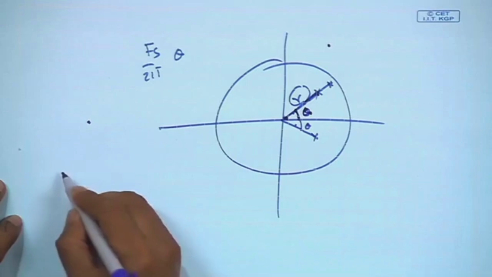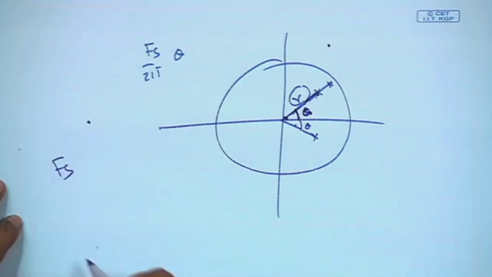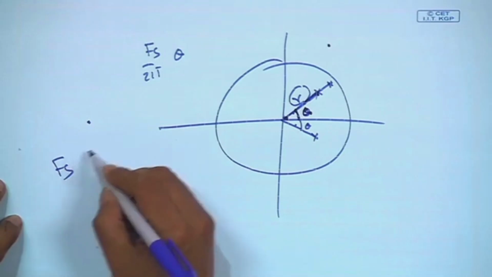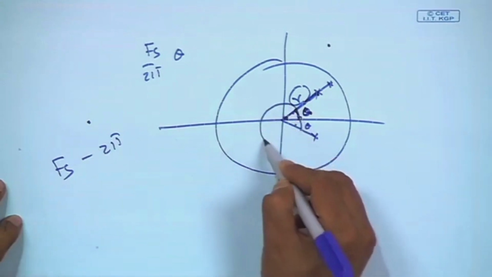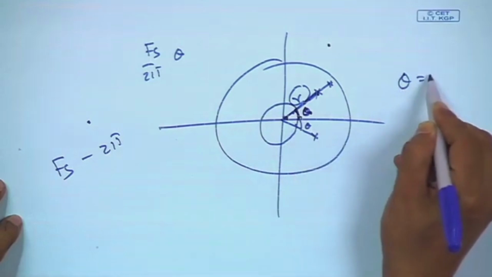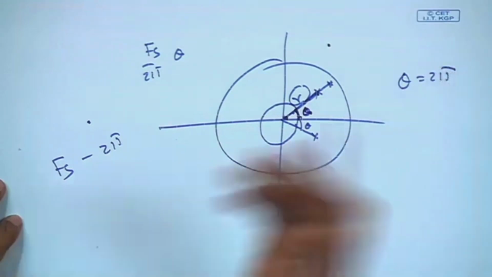So, if Fs is my sampling frequency, what is the normalized frequency of the digital signal? 2 pi is equal to Fs. So, what is the value of theta? The maximum value of theta is 2 pi, which is equal to Fs.